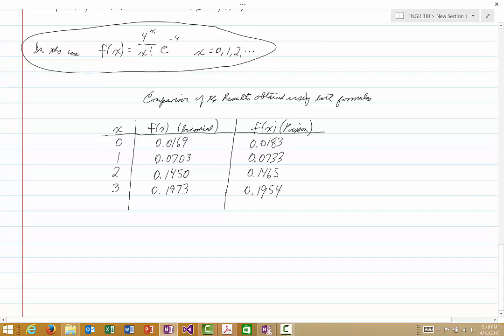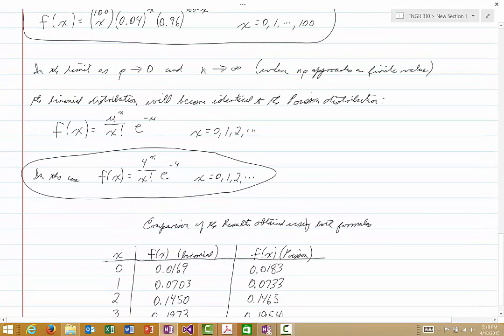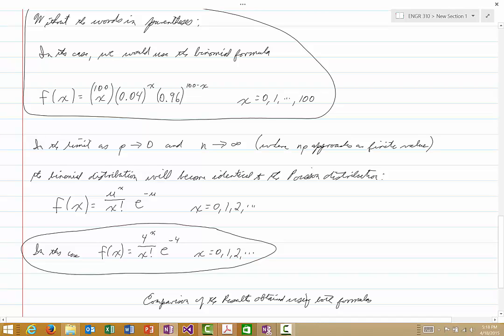And you can see now by comparing the values in these two columns that indeed the Poisson distribution in this case seems to be a very good approximation to the binomial distribution. And again, that's going to be the case when p is quite small and n is quite large.